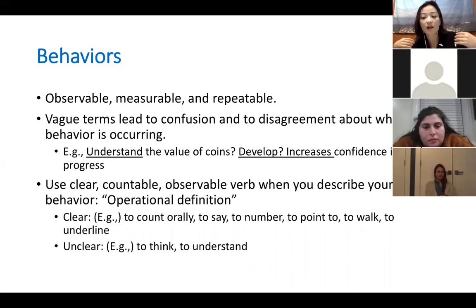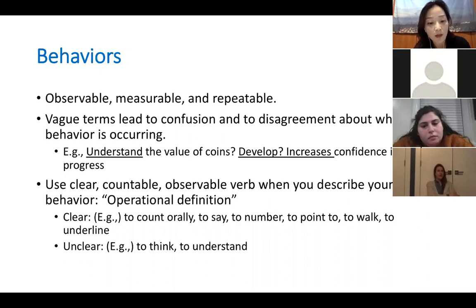So you have to use that term, and you are going to pick one specific behavior to describe in the objective, okay? And develop or increase confidence, that's not a behavior you can see at a moment, right? Like develop a concept or increase confidence. That's not a verb you can observe. It's more like a process verb, right? So you should not use that in your objective.